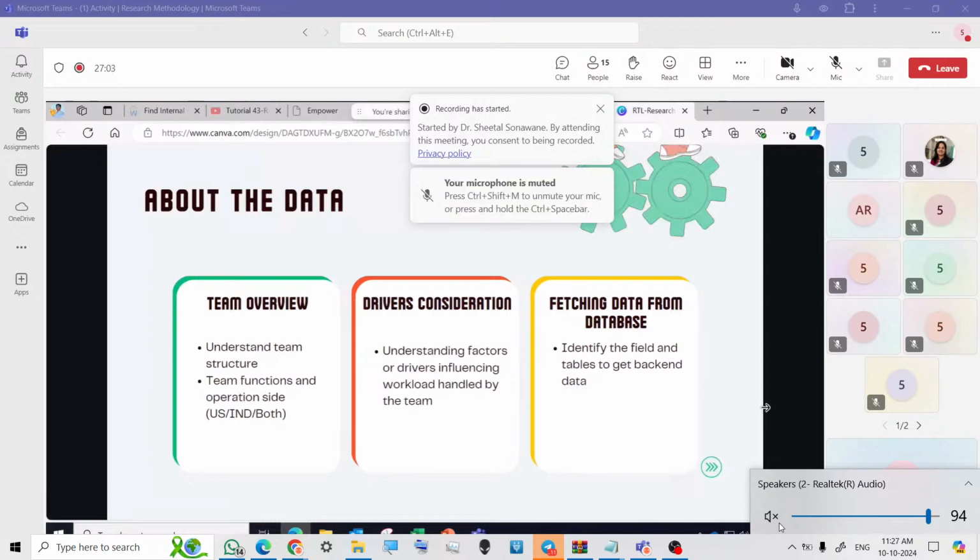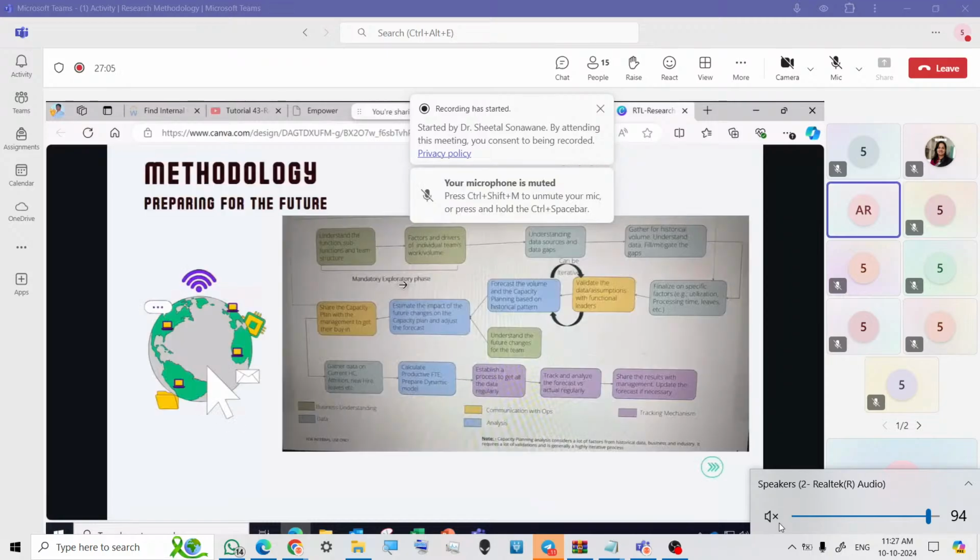Post that, this is the methodology, how we are doing this. So we are understanding again the function and what the team do, the factors which are influencing the workload for that team, this is nothing but the mandatory exploratory phase or prerequisites to build any capacity plan.